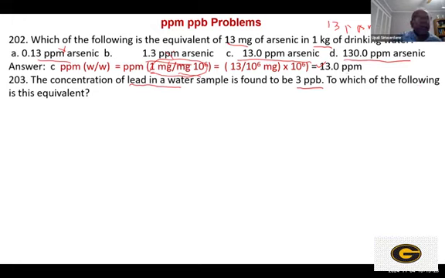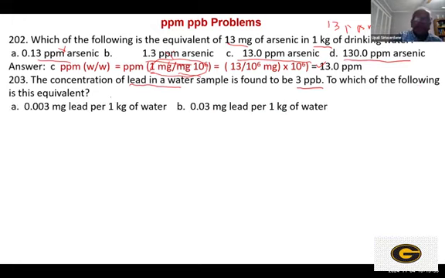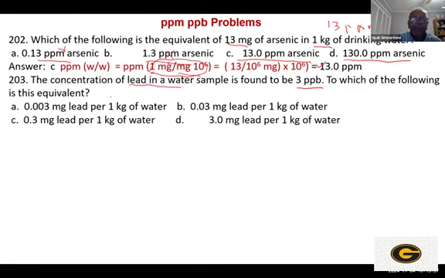To which of the following is this equivalent? 3 ppb is equal to 3 micrograms in 1 kilogram. 3 micrograms is how many milligrams?